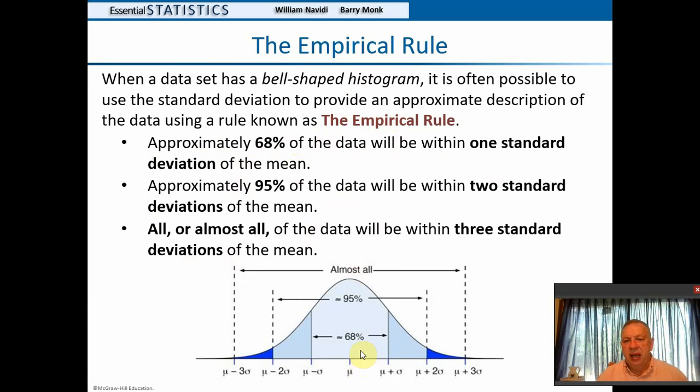Let's keep this easy to calculate: if I have 100 data points, the mean is 50, and the standard deviation is 10, then between 40 and 60, which is the mean plus or minus the standard deviation, 68 of the 100 numbers will lie.